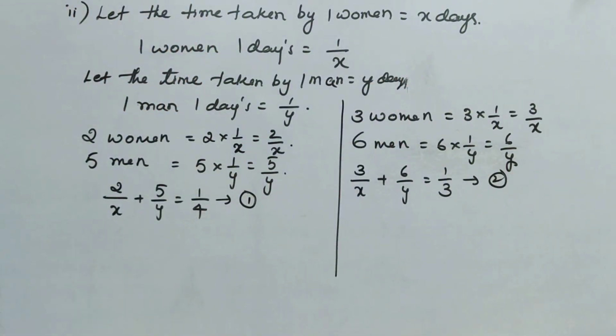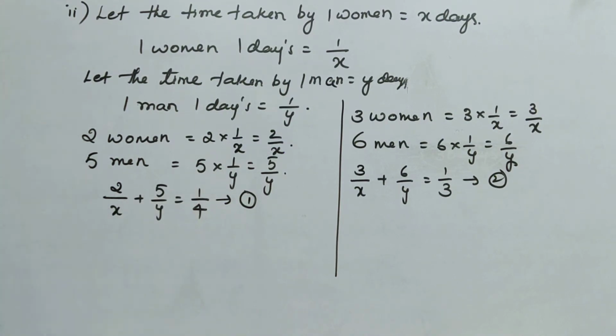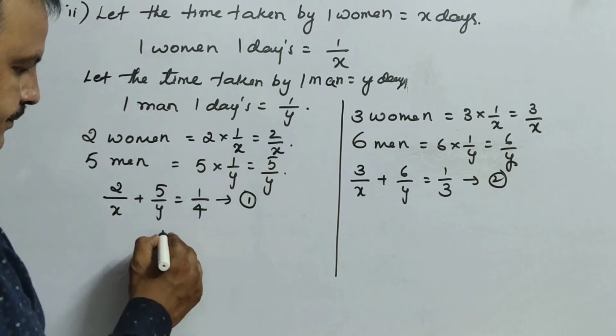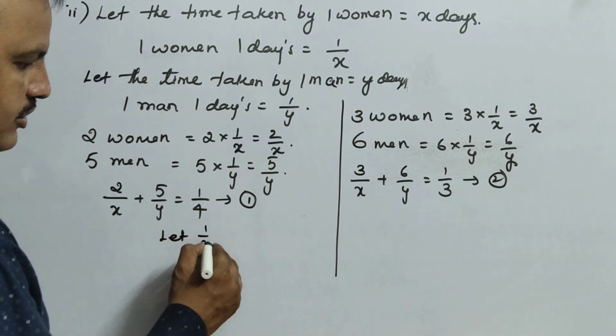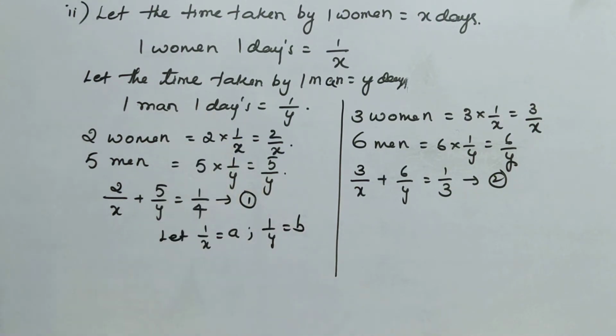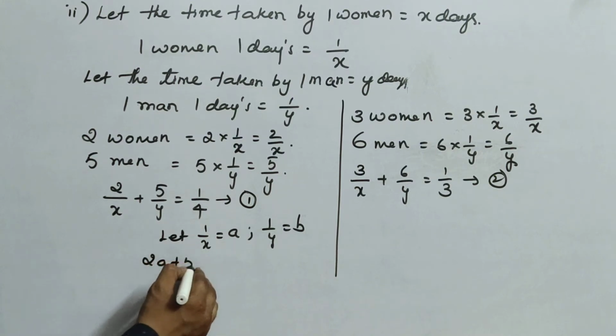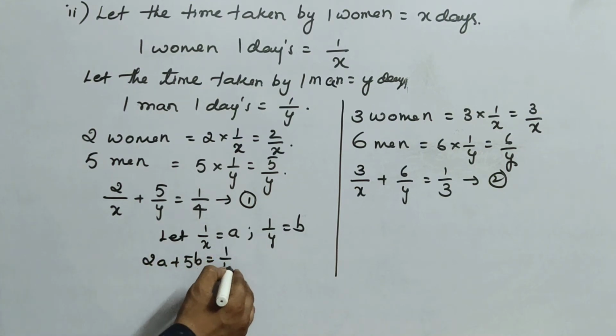As we discussed earlier, how to solve this type of question when there are variables in the denominator. As I told you, there is a very short cut. So we can take here, let 1 by x equals a and 1 by y equals b. Then you can frame this equation very easily. 2a plus 5b equals 1 by 4. Now you do simplification and frame the equation.